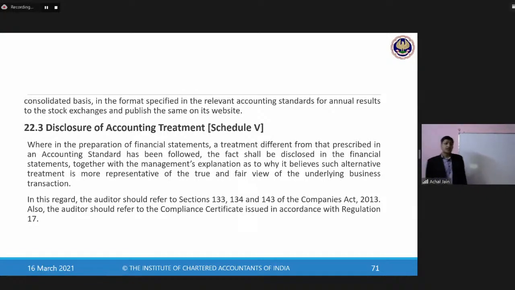Now, this disclosure in relation to the related party transactions or the related party balances is also required to be submitted to the stock exchange.